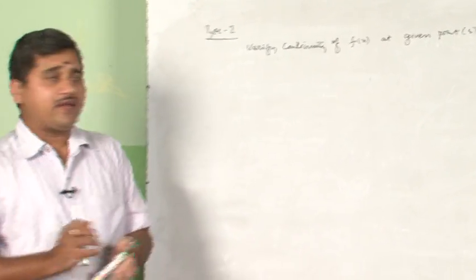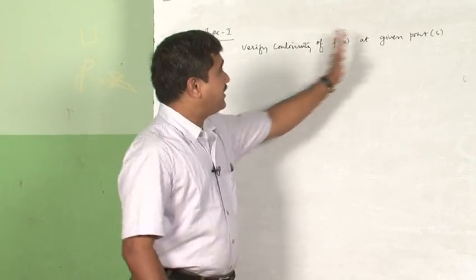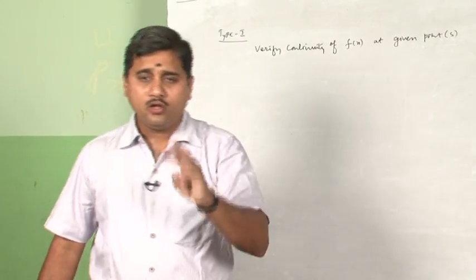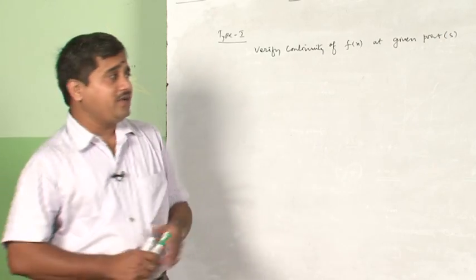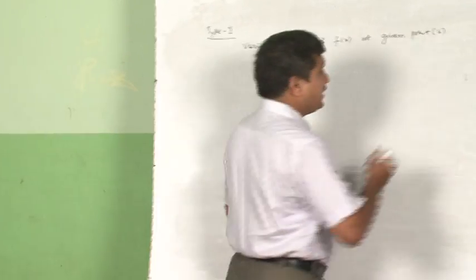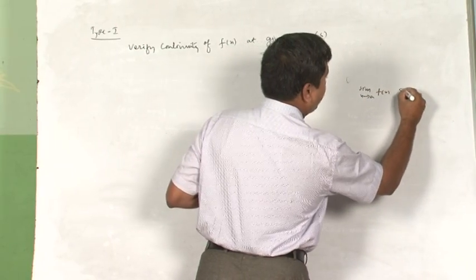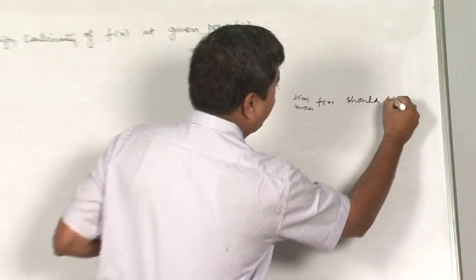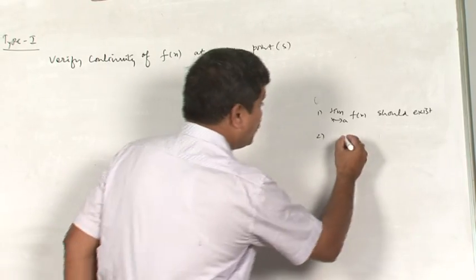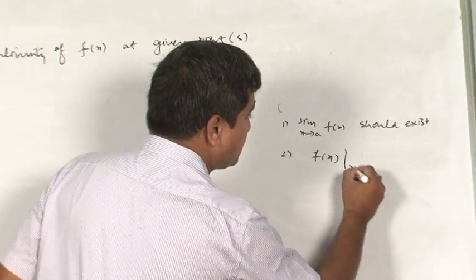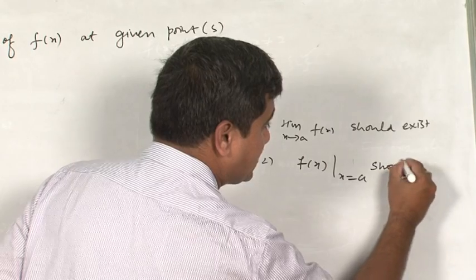You might wonder what exactly we are going to do to verify the continuity of the function. We will be applying all those three conditions which I have narrated. Condition number 1: limit x tends to a, f of x should exist. Condition number 2: f of x at x is equal to a should exist.